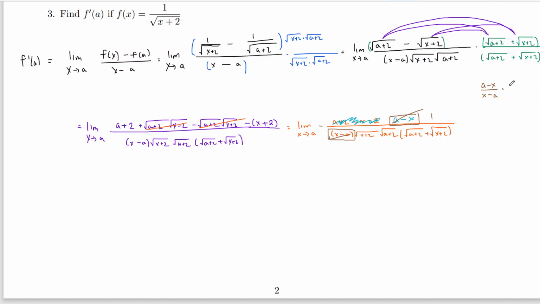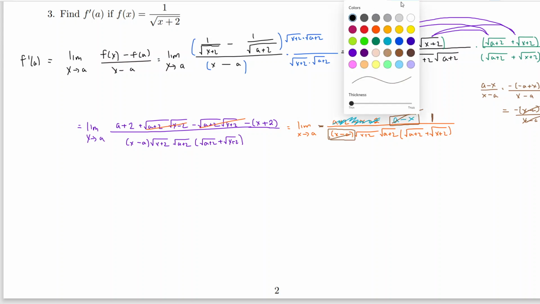If I take out a negative here, what's going to happen is I'm going to have negative a plus x. And I can just rewrite the negative a plus x as x minus a. And the x minus a's would cancel, and I'm left with that negative sign that I accounted for. So I have a negative sign here. Because everything else went away in the numerator, I got to make sure I leave a 1.